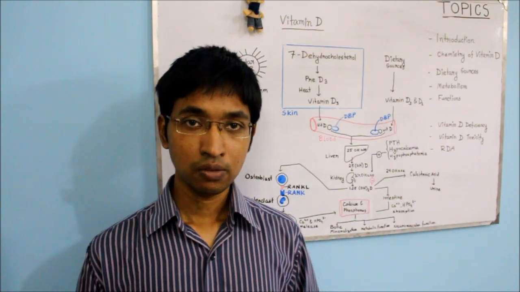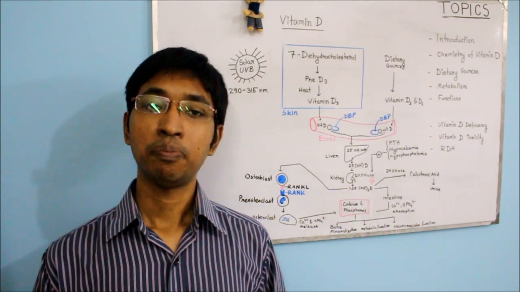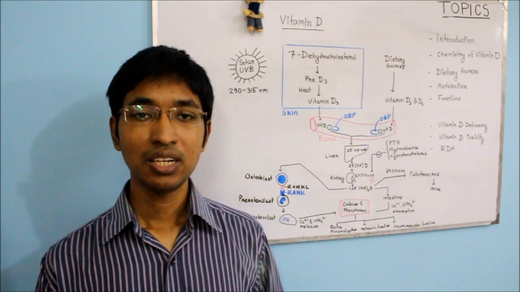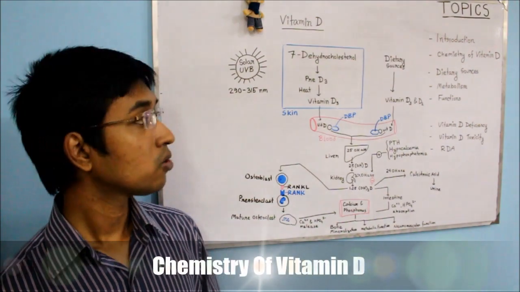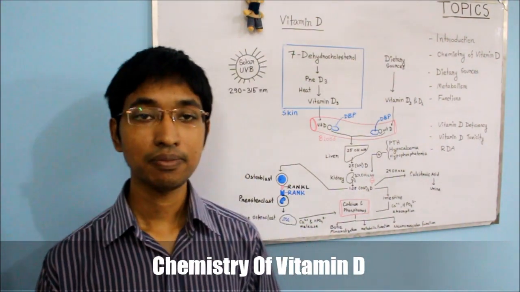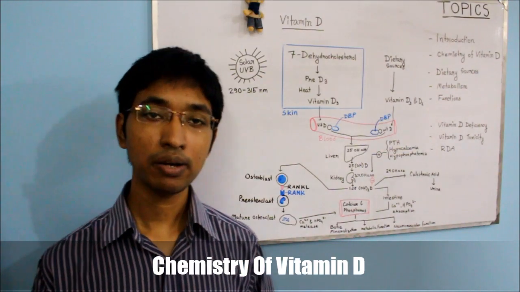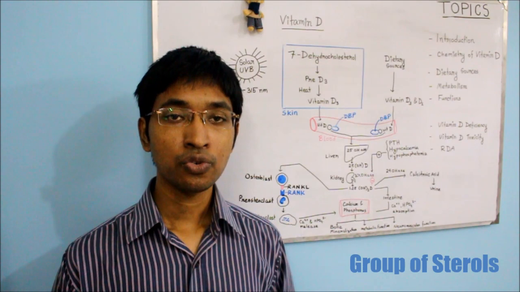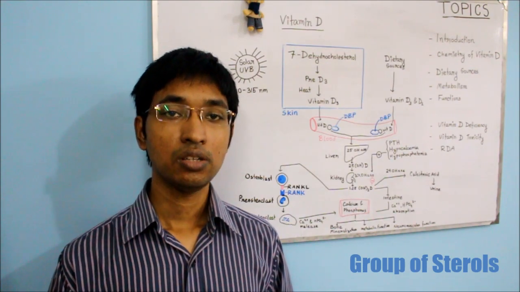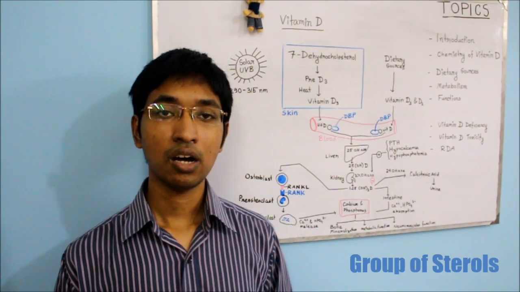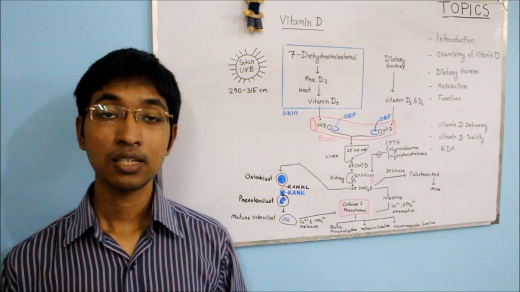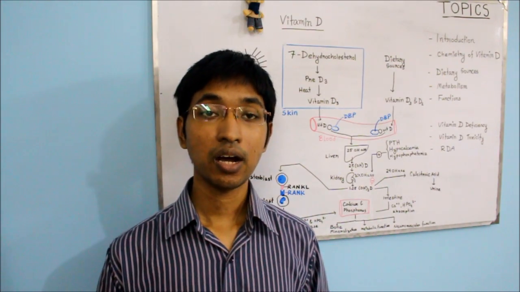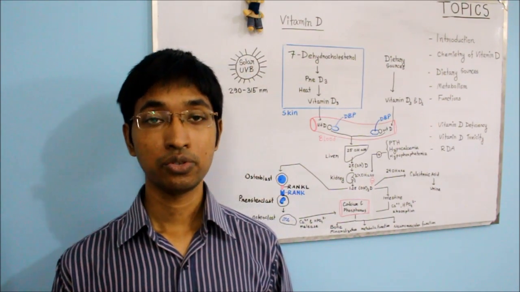So now that we have known some introductory points regarding vitamin D, now we will move on and talk about the next topic, and that is the chemistry of vitamin D. Now always remember, vitamin D are a group of sterols. Therefore, they will contain a steroid nucleus, and that nucleus is attached with hydrocarbon chain.